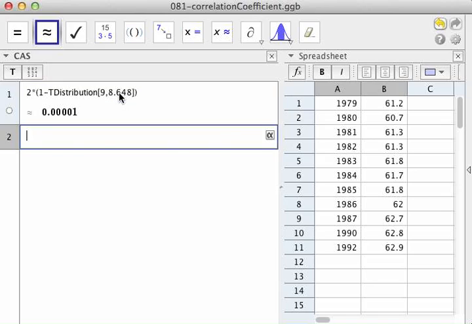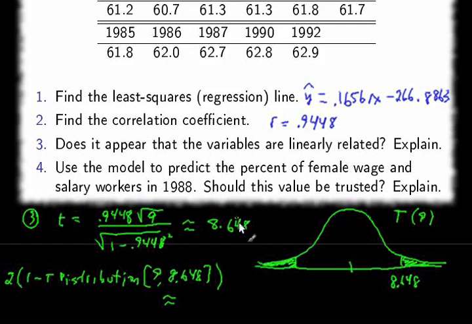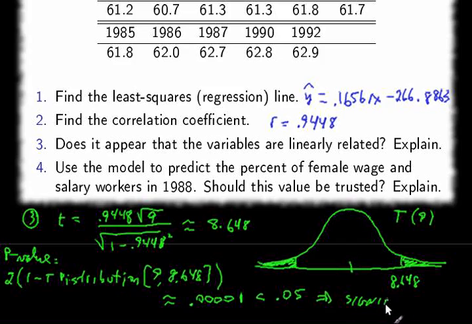So very small. So the p-value is 0.00001, and that's much less than the default level of significance of 0.05, so that means it is significant.